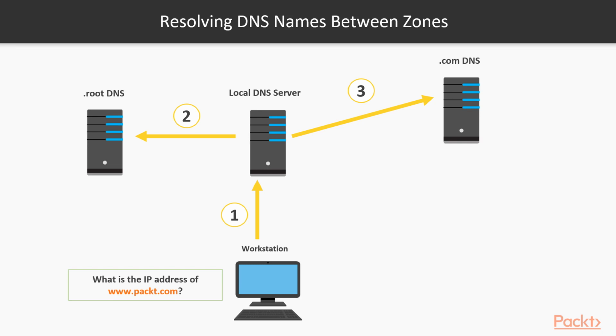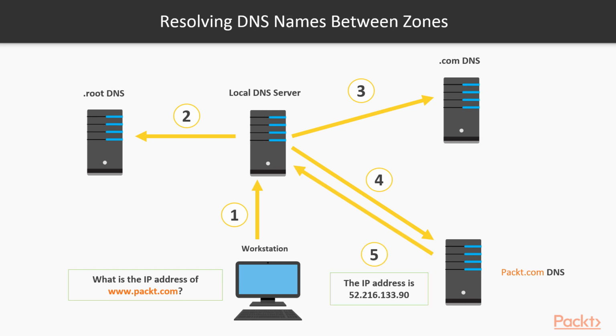The .com servers provide the information, and then the local DNS server queries the pact.com DNS server for the IP address of pact.com. At the end, the pact.com DNS server provides the IP address, and the local DNS server returns it to the workstation.